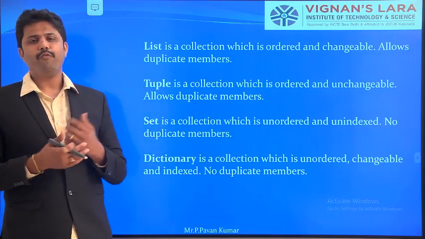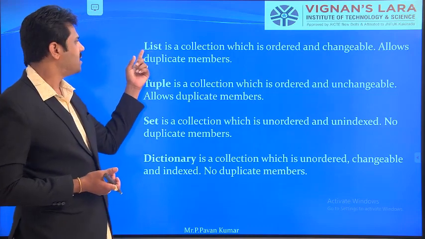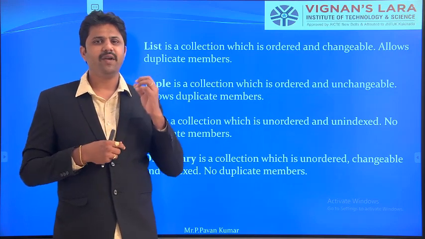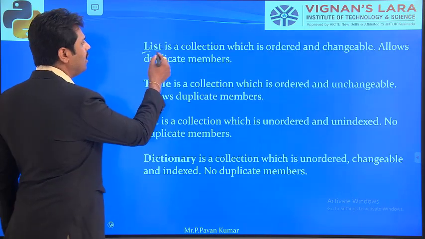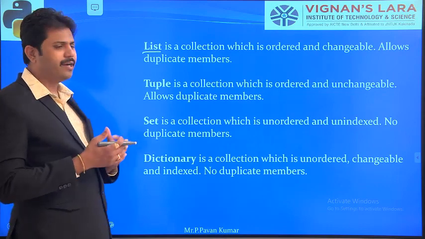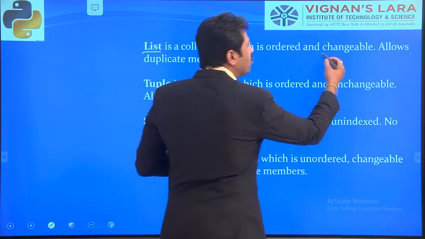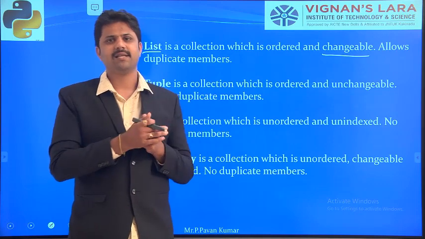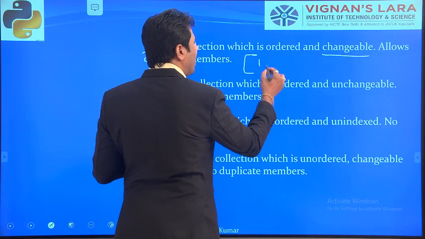We have four different types of built-in data structures. First one, list. Let us observe the difference between each and every one. List is a collection of ordered data, which means you can change the data. For example, I created a list, which is nothing but a collection of information, like 1, 2, 3.